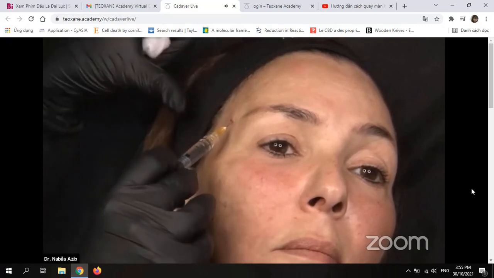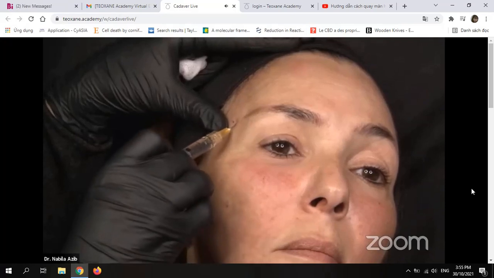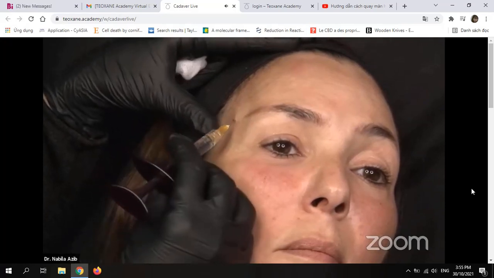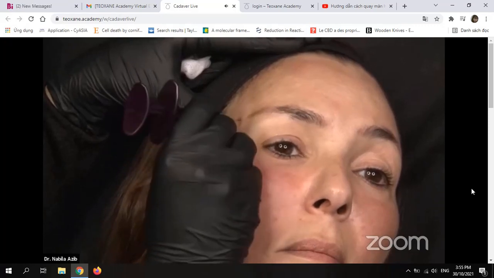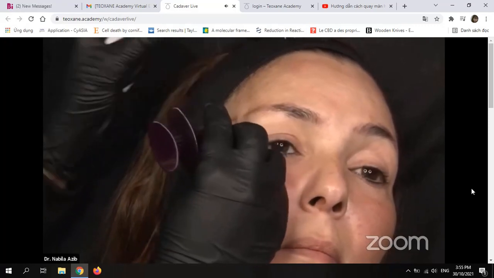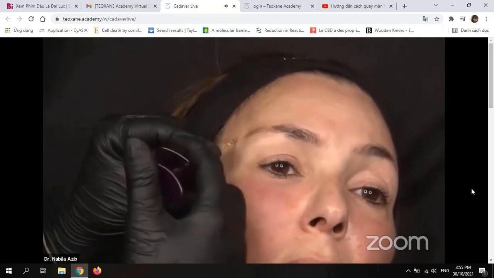So look, I just modified Patrick's technique because now I like to use multiple small boluses everywhere. So you see me changing the direction. When I change the direction, I'm not injecting. When I'm sure to be on the bone, then I can inject.